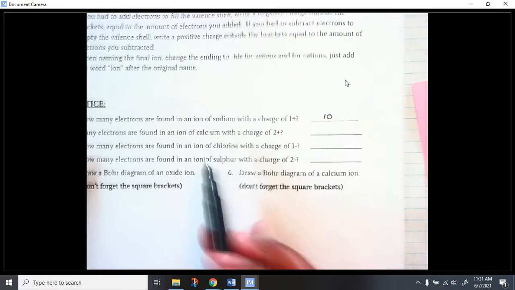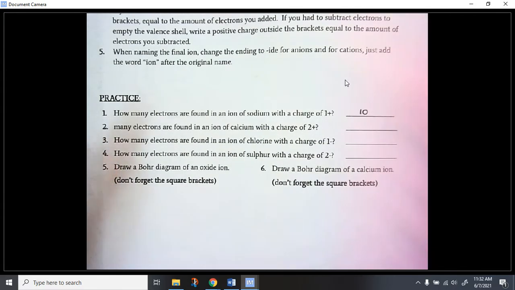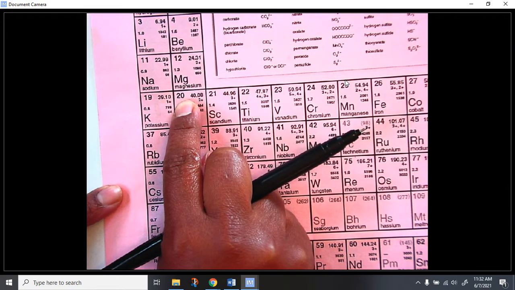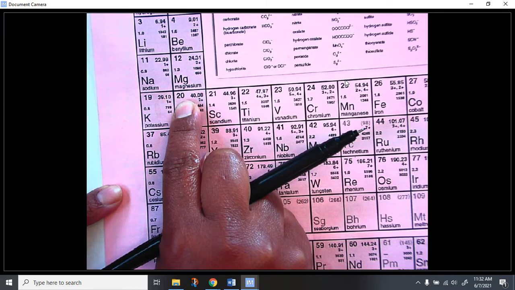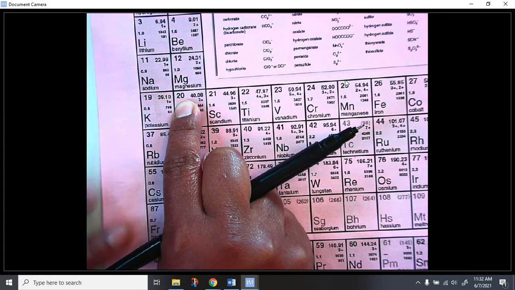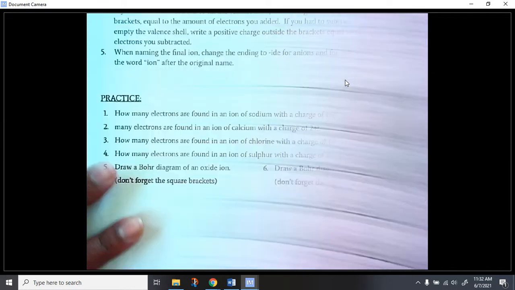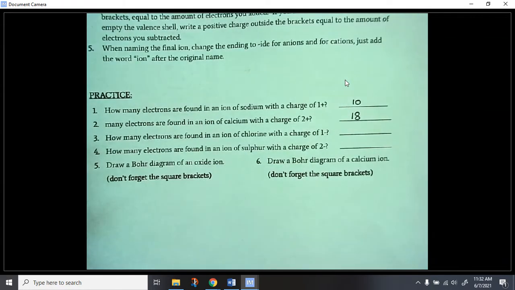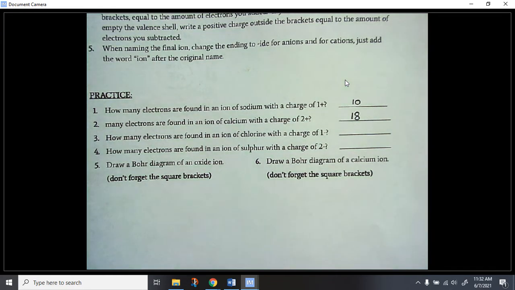Okay, let's look at the next one. Calcium with a charge of 2 plus. If it was an atom of calcium, that would mean it has 20 electrons, but it's an ion, 2 plus. So we're going to subtract 2 from 20, and I'm going to end up getting 18. Now let's try the next one.